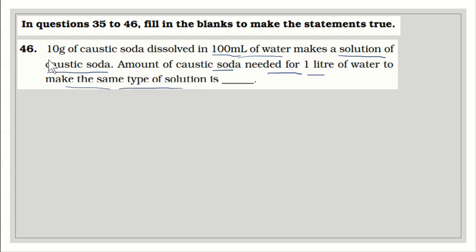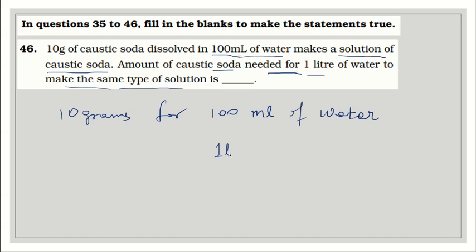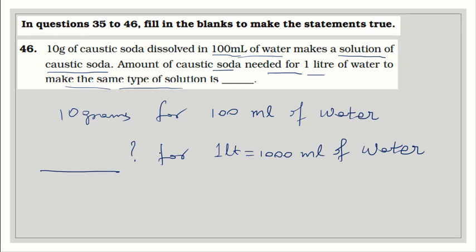Now see, this is something like a unitary method: 10 grams for 100 ml of water. Now for 1 liter, which is nothing but 1000 ml, for 1000 ml of water, how much is required? So this is the question mark. Okay, how much is required?